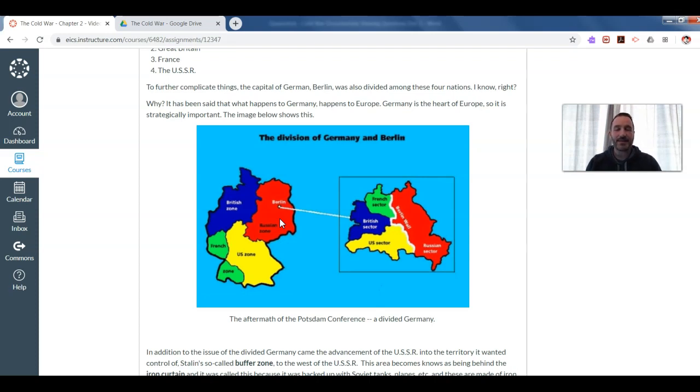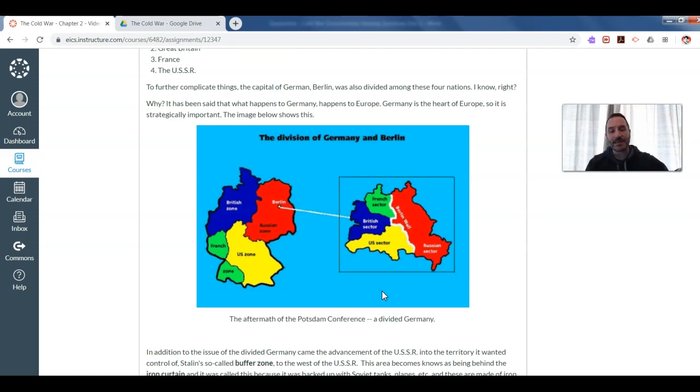Now, to make things even more complicated, the city of Berlin, you can see that right here, was further divided into 4 occupational zones as well, reflective of the 4 different powers that we see with the division of Germany. So Berlin was divided into a French sector, a British sector, and an American sector to the west.